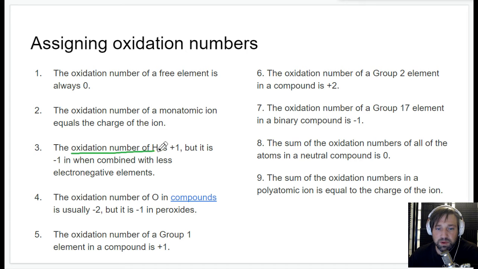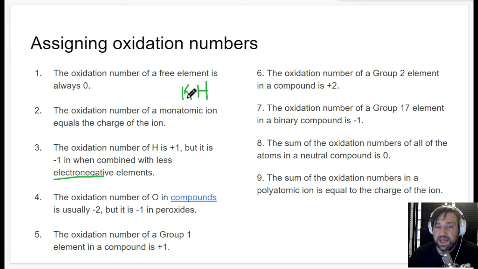All right, number 3. The oxidation number of hydrogen is going to be +1. It's going to be +1. Unless it is combined with something that's less electronegative than it. It doesn't happen very often, but when it does, usually this is something like one of those group 1 or 2 metals, the alkali or alkaline earth metals, something like potassium. If you have potassium with hydrogen, which one of these is the cation, which one's the anion, which one's positive, which one's negative?